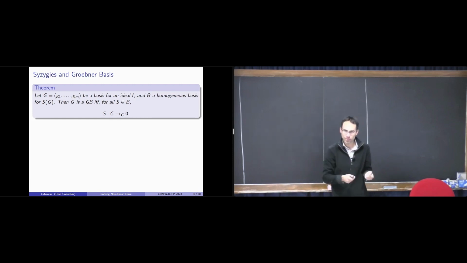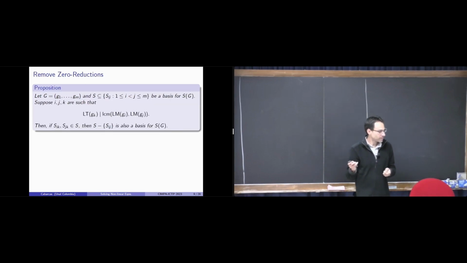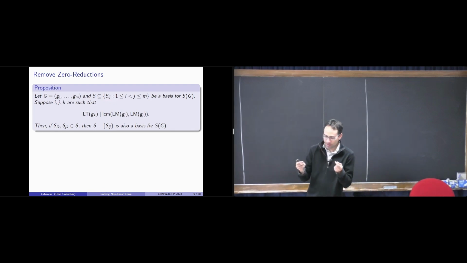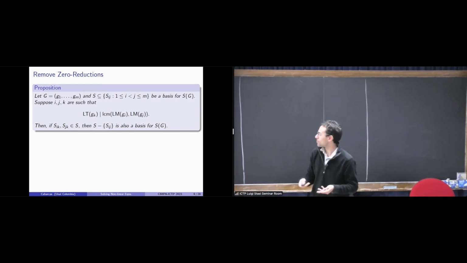We want a basis for the module of syzygies, and if every element in that module goes to zero using this set of polynomials, then we have a Groebner basis. That gives us the idea that we can simply use a smaller basis for the module of syzygies, and that will speed up the process of computing a Groebner basis.